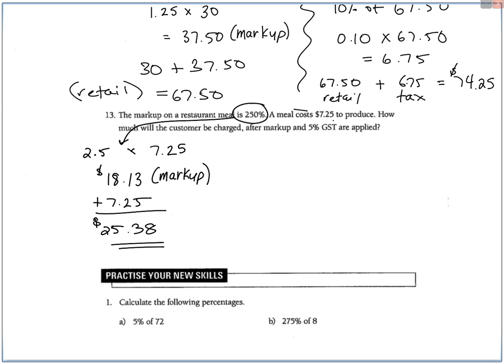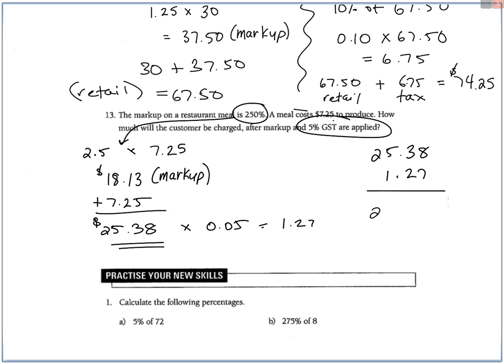And then after GST is applied of 5%, so we got times this by 5%. It's another $1.27. So the price that's on the menu plus the $1.27 for GST, and you would pay a bill of 26.65, and don't forget you still have to tip.